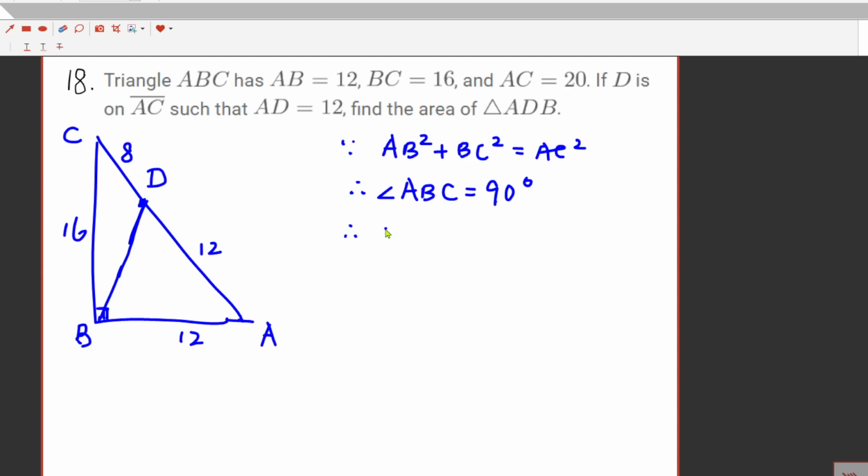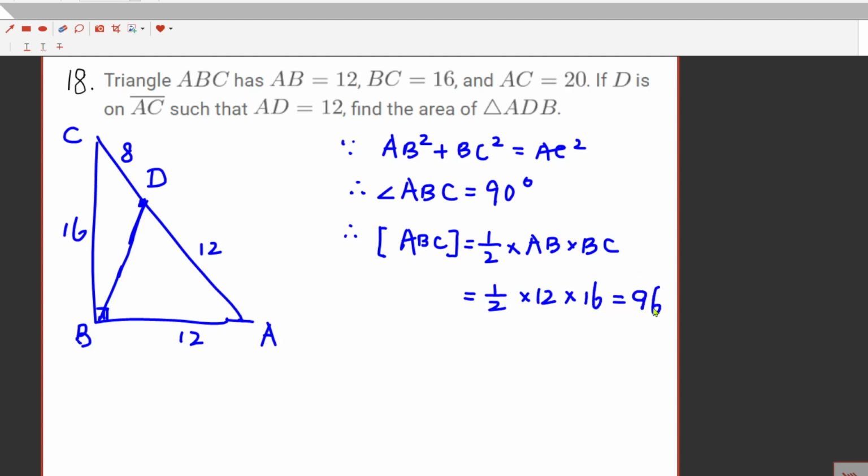And this actually tells us the area of ABC can be calculated by 1/2 of AB times BC, right? Which is 1/2 of 12 times 16. That's 96, right?